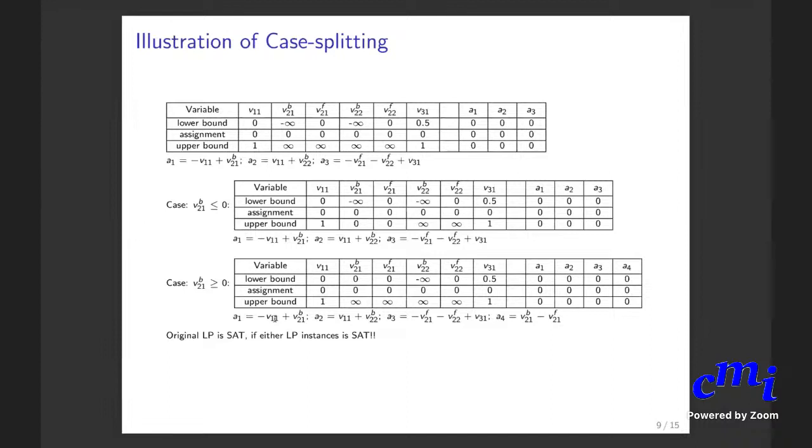But if you were to case split, this shows how you could express it as 2 individual LP instances by just fixing the lower and the upper bound corresponding to these cases, because the ReLU constraint is linear. I mean, that relationship is linear.